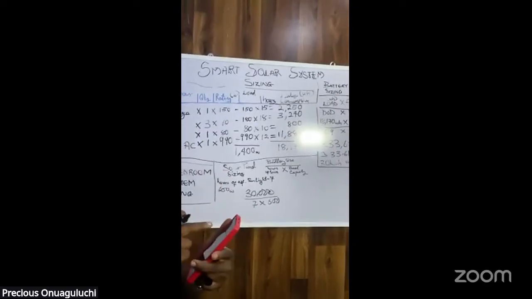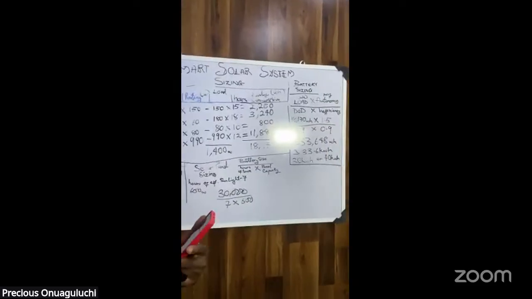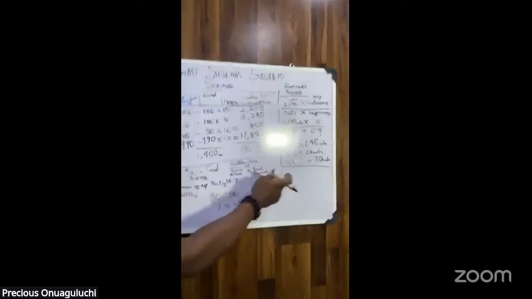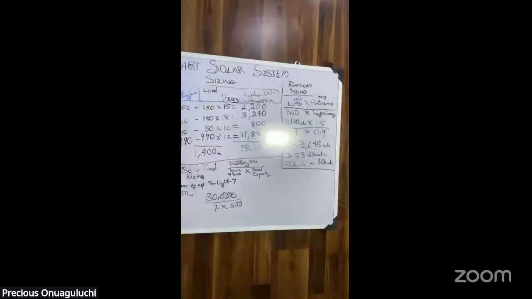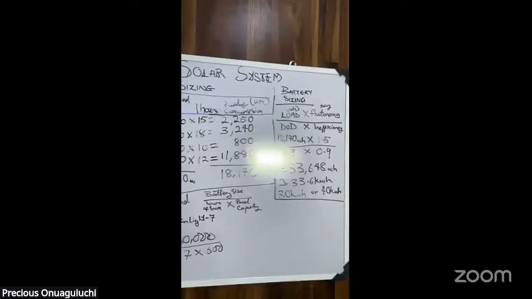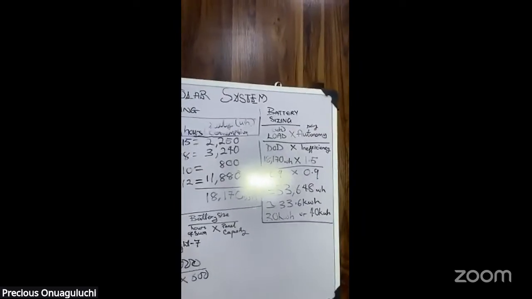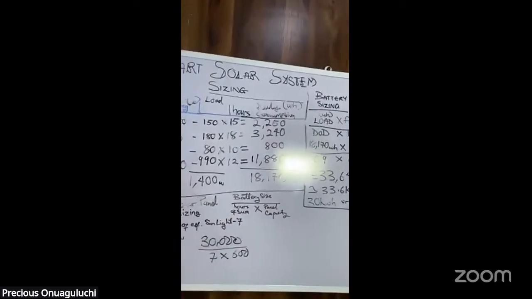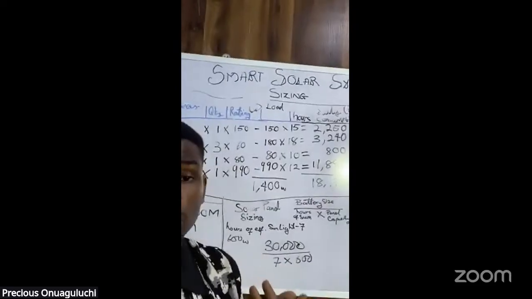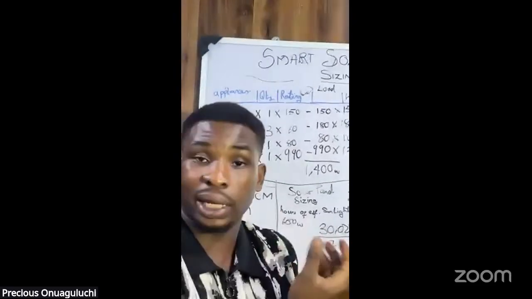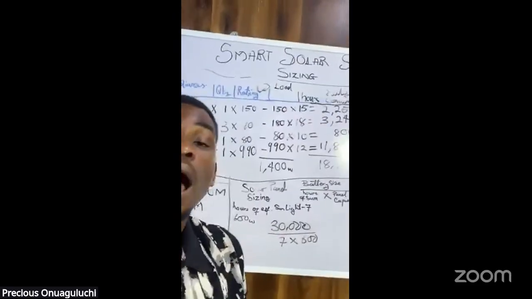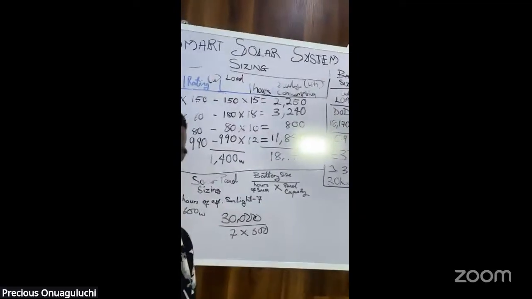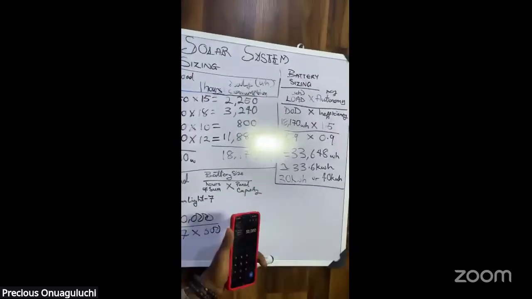Remember, right now we are still trying to calculate how many panels we need to actually charge the battery. A lot of times you bought a solar system, but every day it seems that your battery never charges. This is what you need to do. You need to actually calculate by yourself, not just rely on what the solar technician is telling you: how many panels do I need to charge my battery? We have a 30 kilowatt battery.